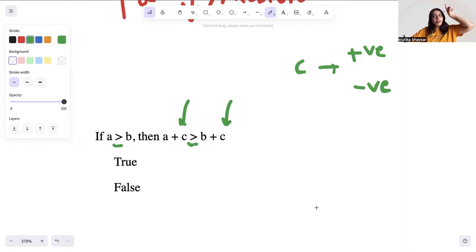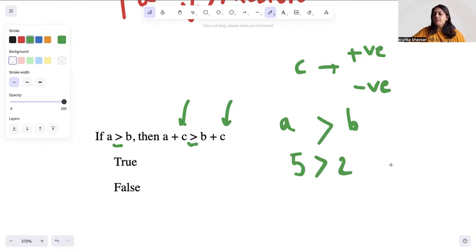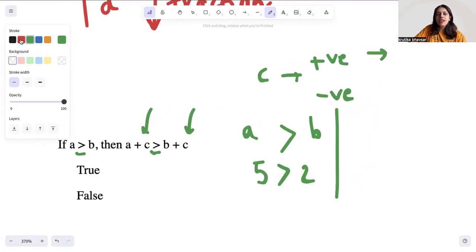According to the earlier method I had given you, take some numbers and check if the inequality holds. Let's try to do that. Let's first take an A and a B where this is true. So let's take 5 is greater than 2, right? Now what do we have? C. Let's take a positive C in this case, let's suppose, 3.